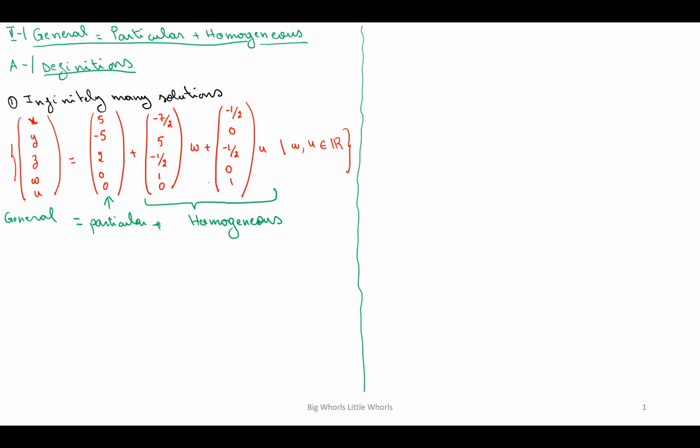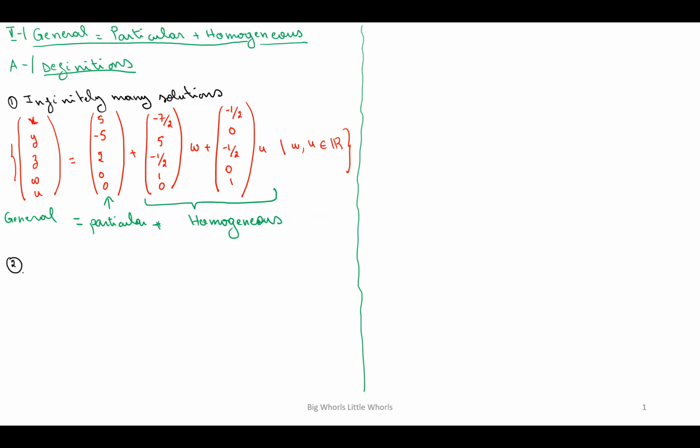That's how we describe the solution set of a linear system: find a particular solution and its homogeneous part. So it's very easy to describe for infinitely many solutions.